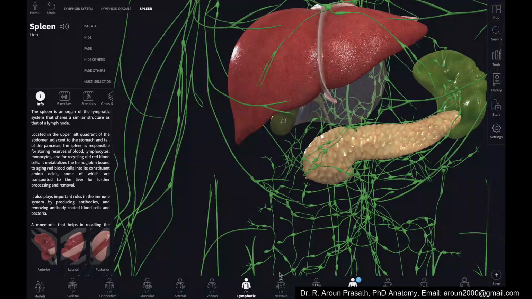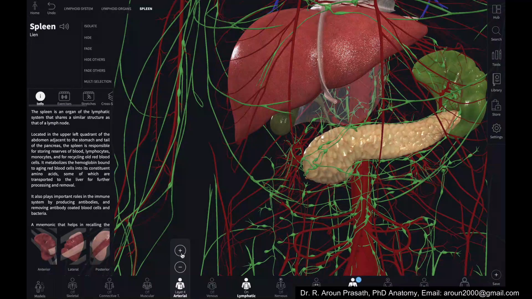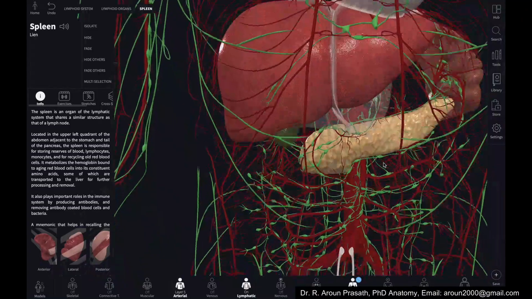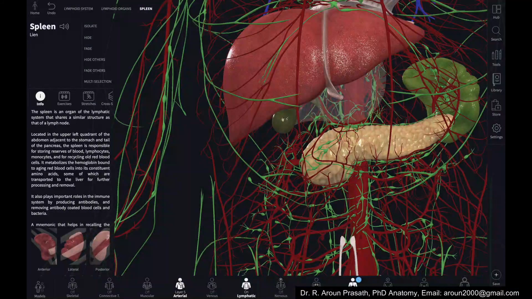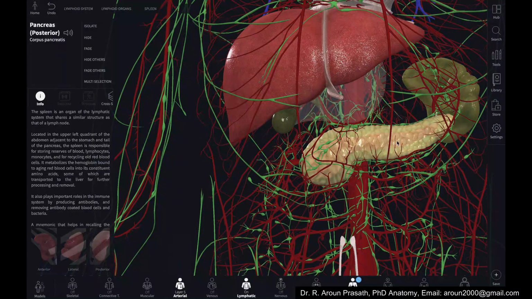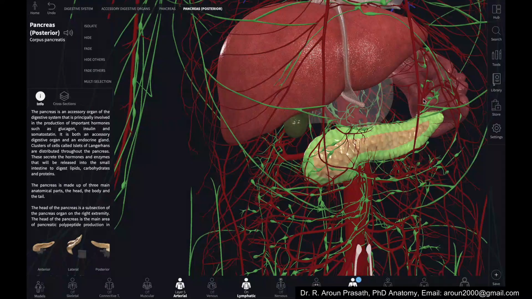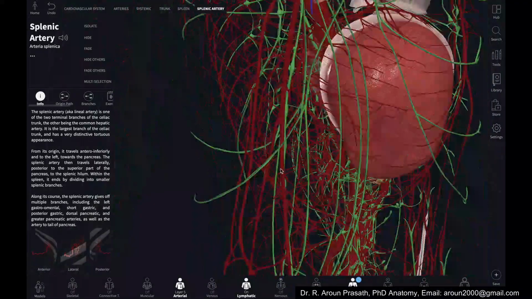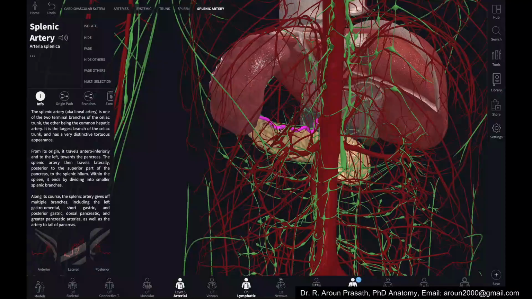The splenic artery is running on the superior border of the pancreas. This is the splenic artery.